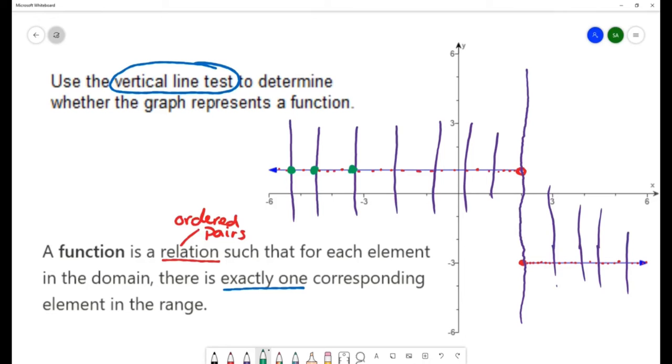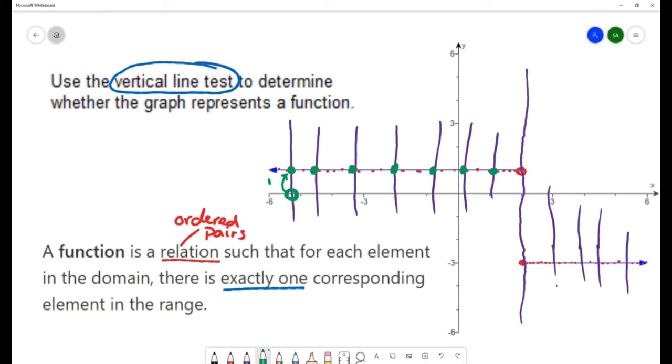And what that's telling us is that we have an element in the domain, whatever this value is, and it corresponds with only one y value. Because it has one intersection point, it's corresponding to one y. So as long as all of the vertical lines only have one intersection point, then we have a function.